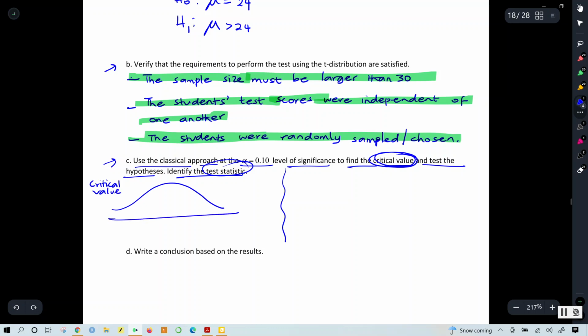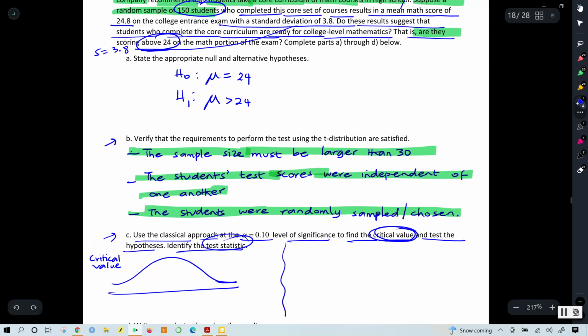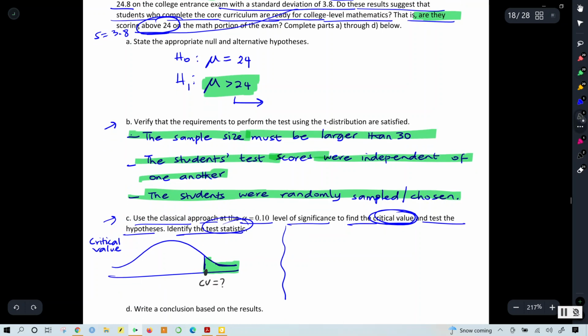I'm going to sketch my t-distribution in this case. I will notice that this is a one-tailed test. Since it is a one-tailed test in the direction of the right, I'll put the rejection region on the right, and I need to find the critical value in this case.